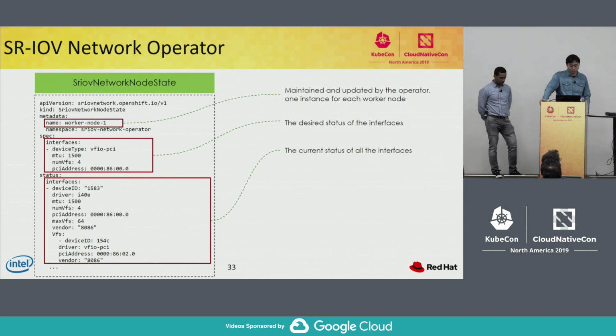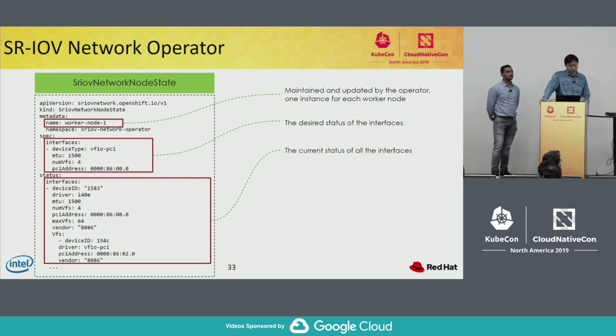However, you can get information from it. Let's check out the status first. The status will be updated by the SR-IOV network config daemon, which runs on all the worker nodes. So it contains all the hardware information you may want to know.